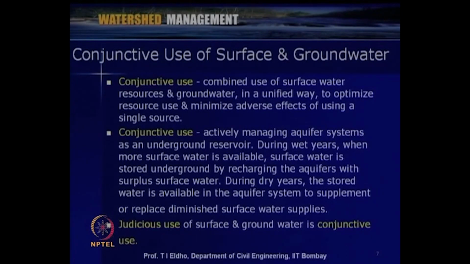Now let us come back to the topic of conjunctive use of surface water and groundwater. In the last few decades, in most water resource plans, water resource planners always mention the use of surface water and groundwater together, and the term conjunctive use came.